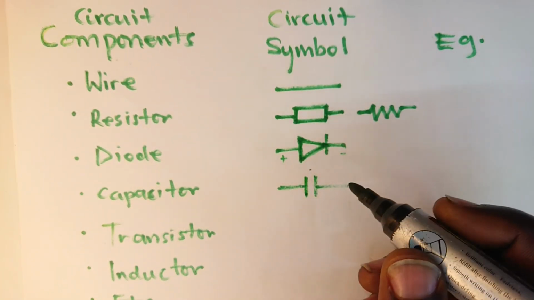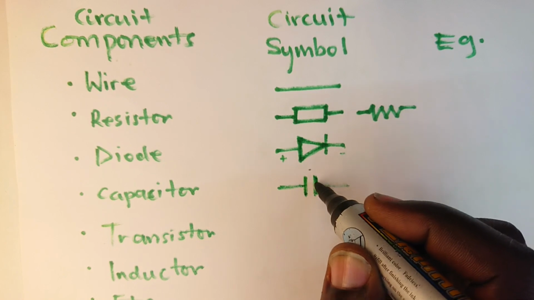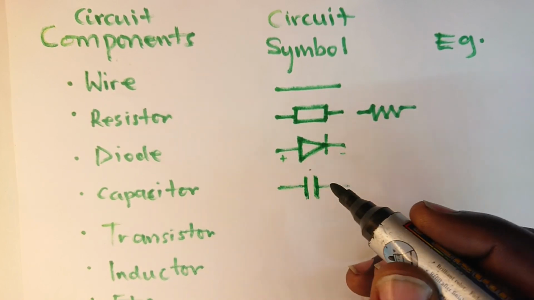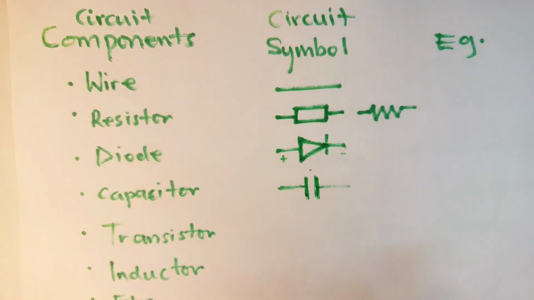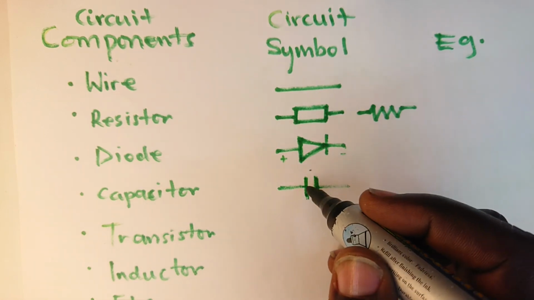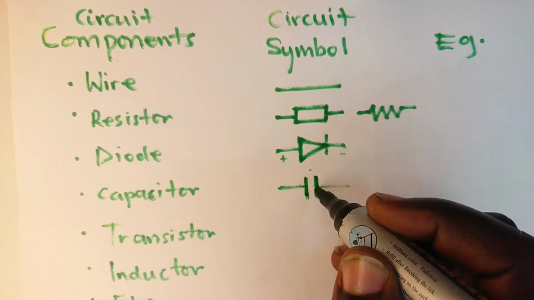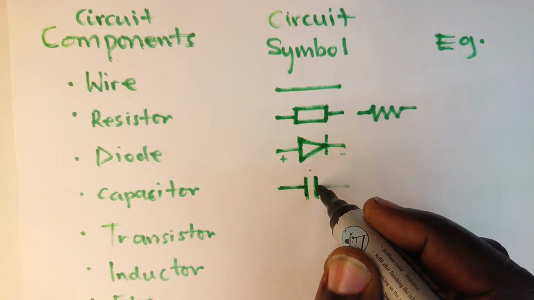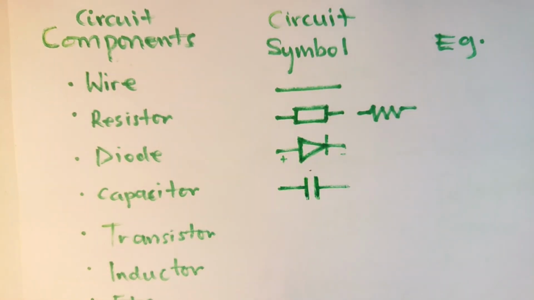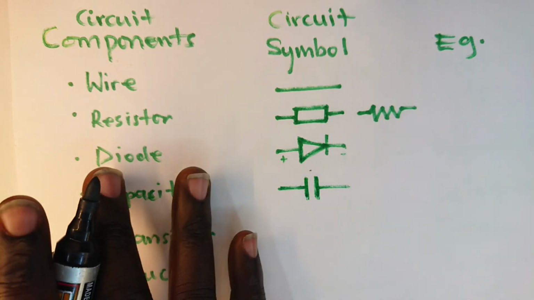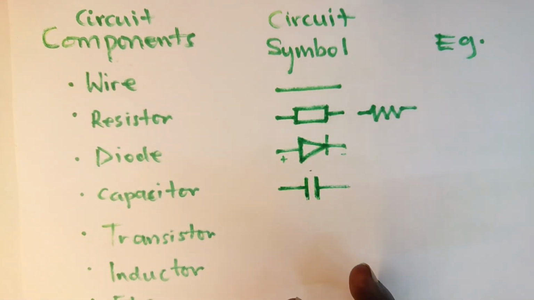So in certain scenarios, you'll find that one of these parallel lines is made thicker than the other to help you know which is its positive or negative terminal. But for now, let's just look at it as just two parallel lines.